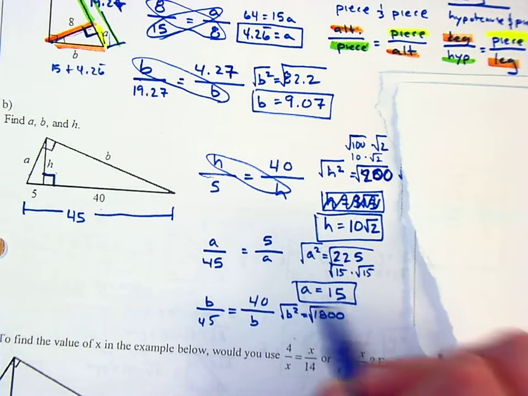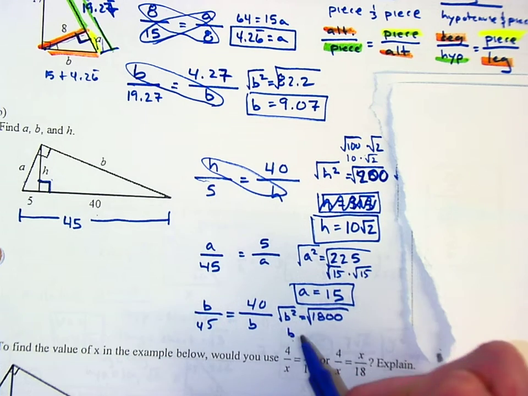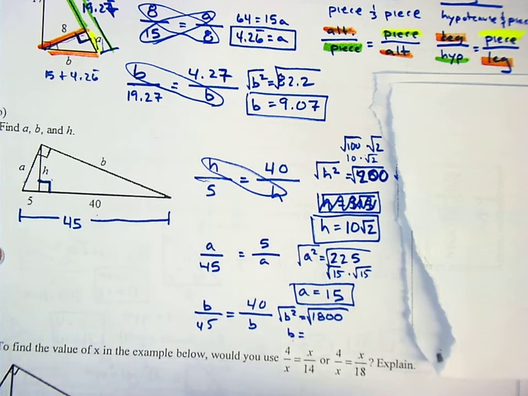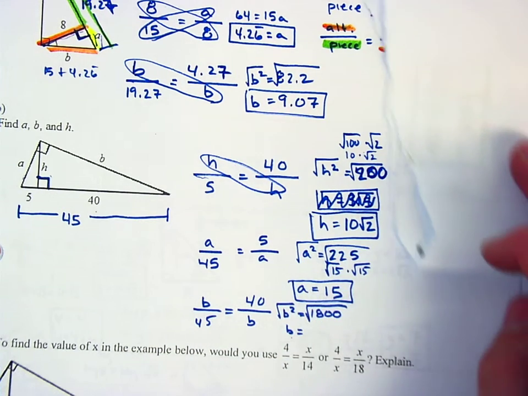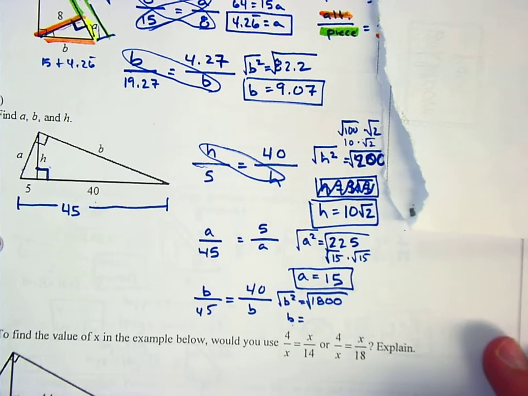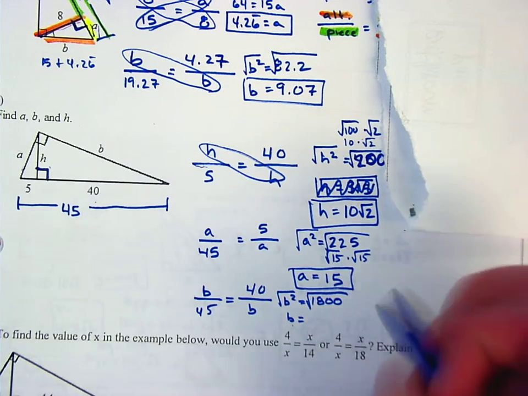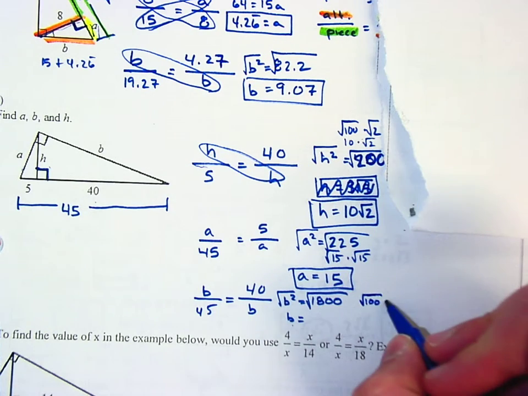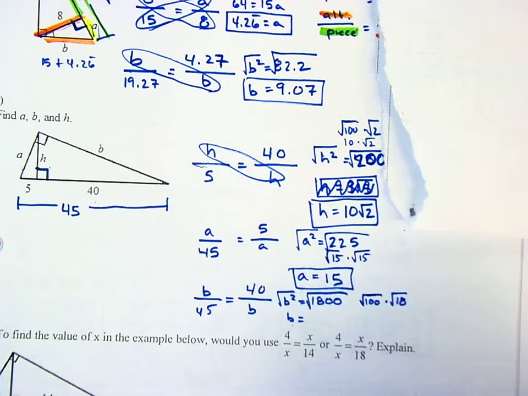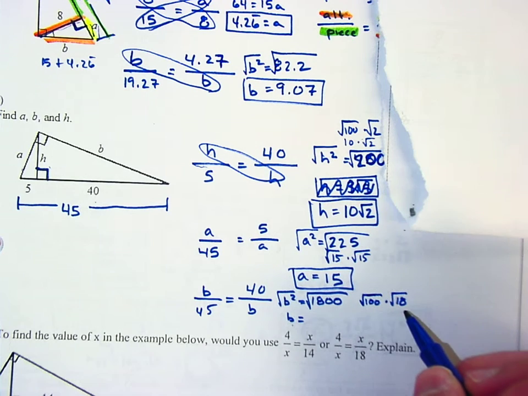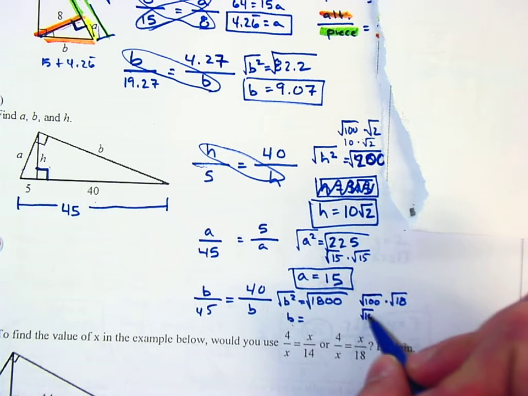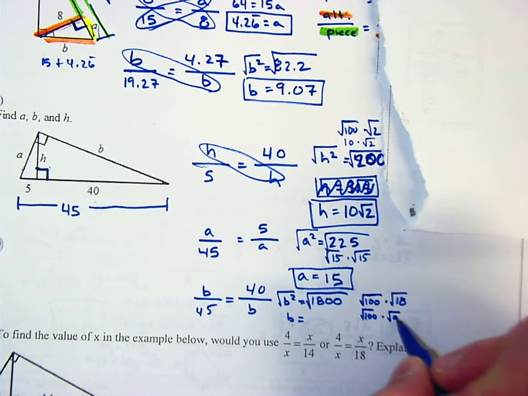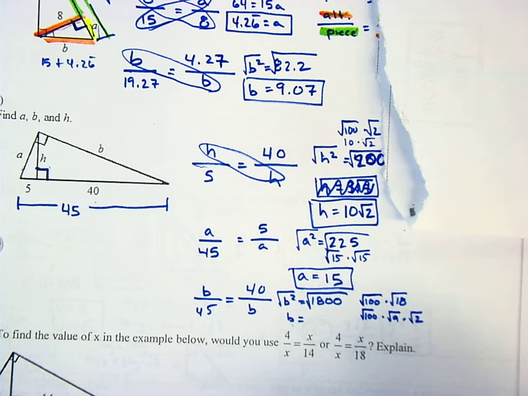Square root that. And I may not know a lot of perfect squares or the largest perfect square that goes into 1800, but I know one of them. I know the square root of 100 goes into it, and that's times the square root of 18. Well, now that I see 18 there, I recognize that 18 is just 9 times 2.